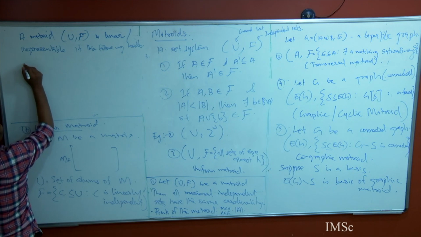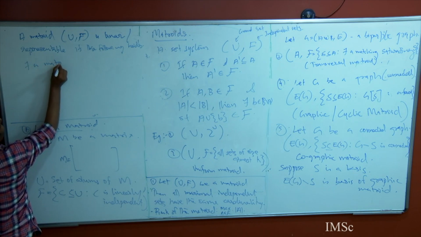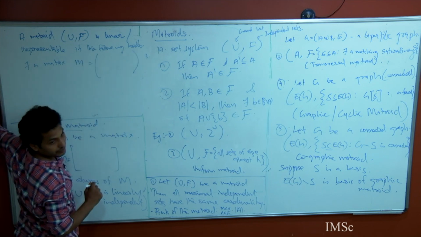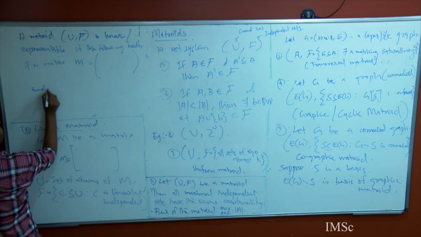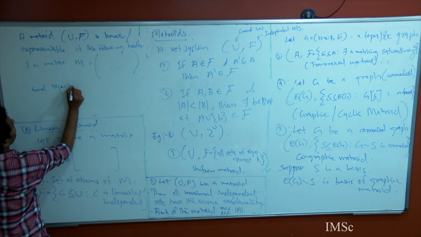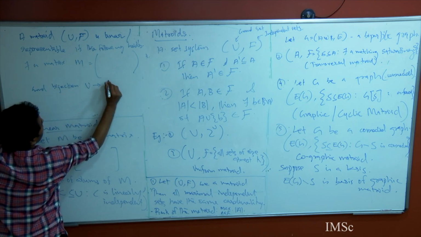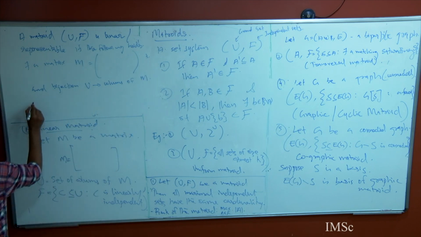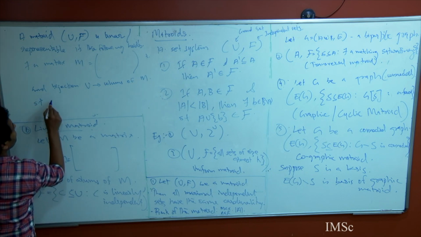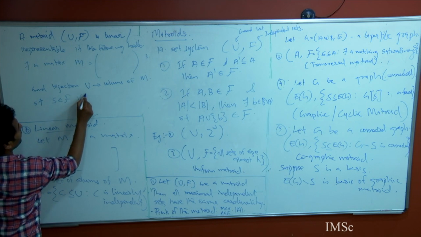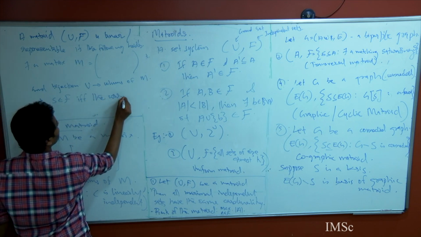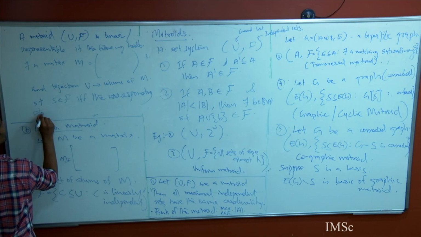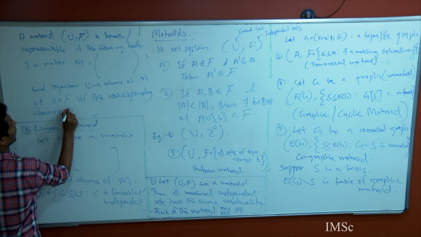There exists a matrix M and a bijection from U to the columns of M such that S belonging to F if and only if the corresponding columns are linearly independent.